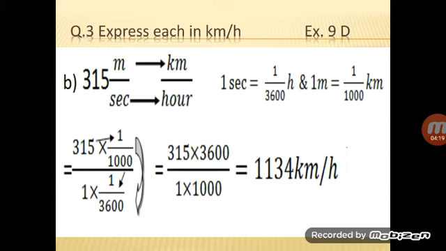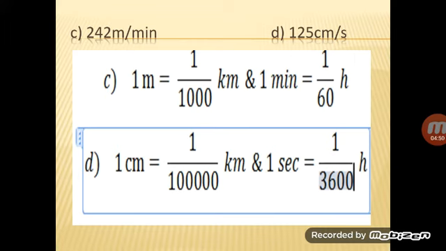The above fraction's denominator will go in the down denominator, and the down fraction's denominator will come up with the numerator, and hence it becomes 315 into 3600 over 1 into 1000. So 1134 kilometer per hour is the conversion of 315 meter per second.